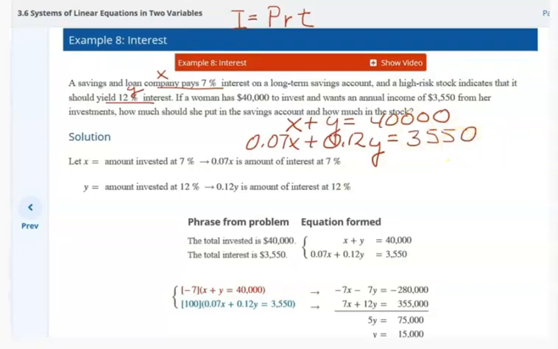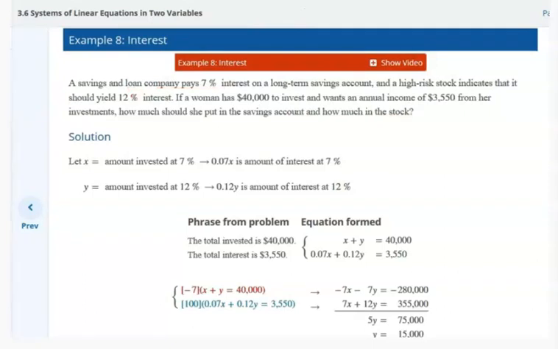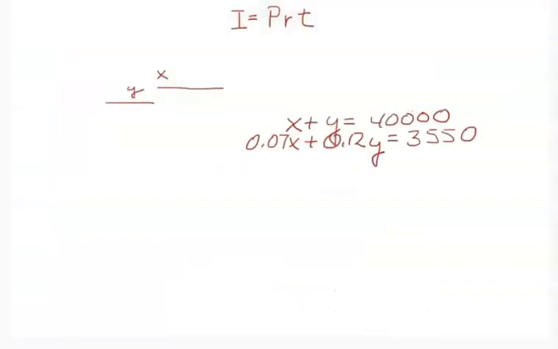Let's go to our whiteboard. We want to keep that. There we go. So, what's next? Well, we did the other example using substitution.